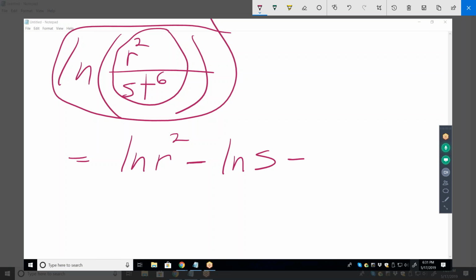No, I realize that the denominators are multiplying, but the thing you care about is whether it's in the denominator or the numerator. If it's in the denominator, it's always minus. If it's in the numerator, it's always plus. Both the s and the t are in the denominator, so they're definitely both going to be minus.